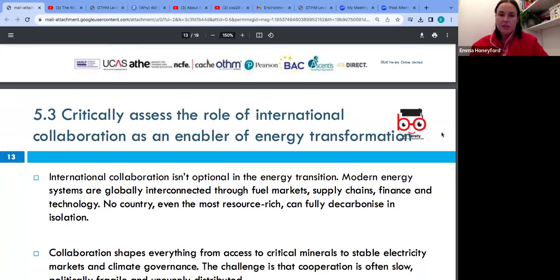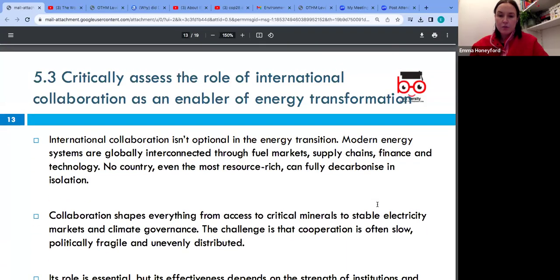So when we look to critically assess the role of international collaboration as an enabler for energy transformation, international collaboration isn't optional in the energy transition. Modern energy systems are globally interconnected through fuel markets, supply chains, finance and technology.